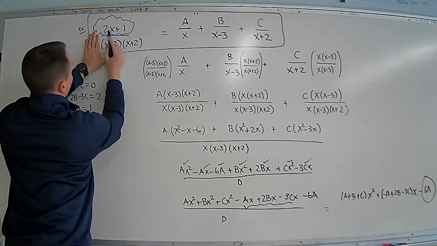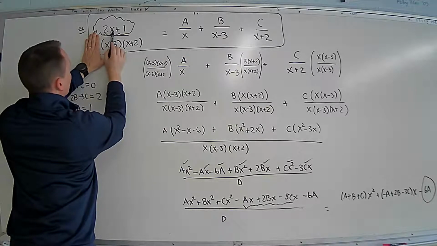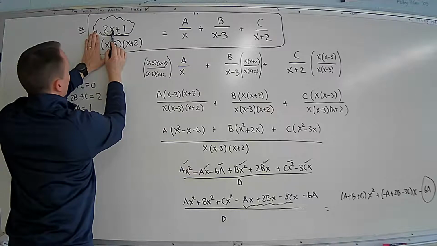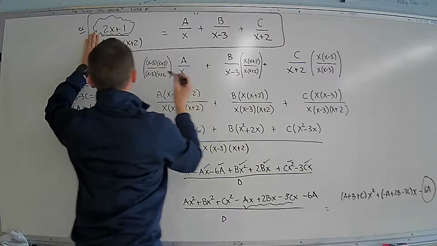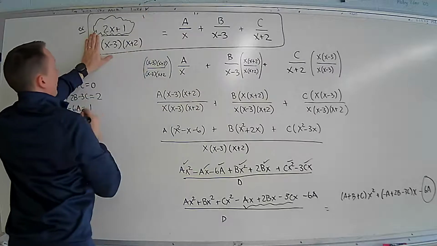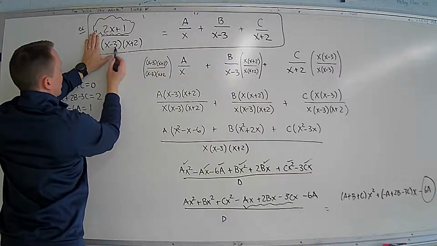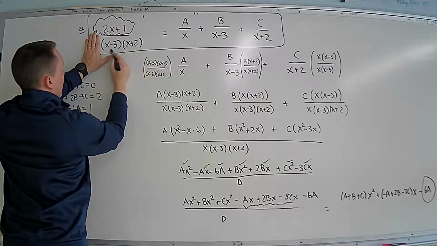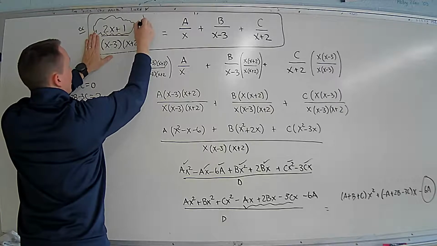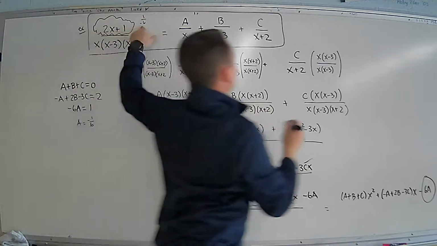So if I plug in 0 for x everywhere else, I get 2 times 0 is 0, plus 1. So 0 plus 1 is 1. I'm going to jot that down. 0 minus 3 is negative 3. 0 plus 2 is 2. Negative 3 times 2 is negative 6. So that's 1 over negative 6. That's a.